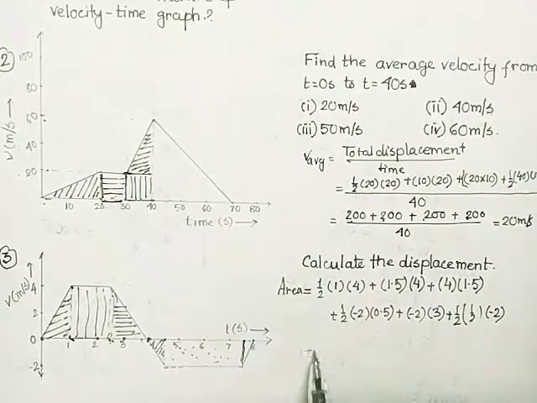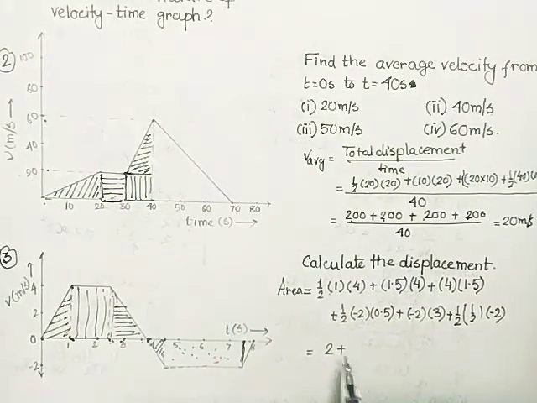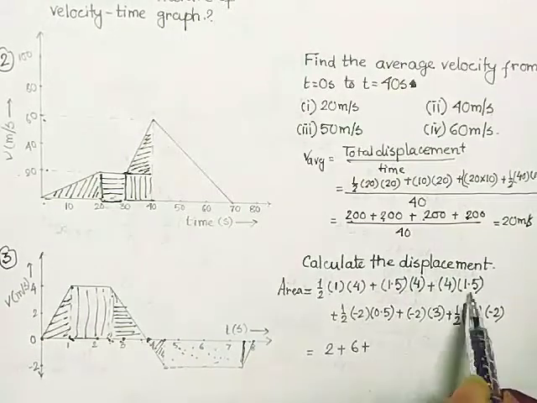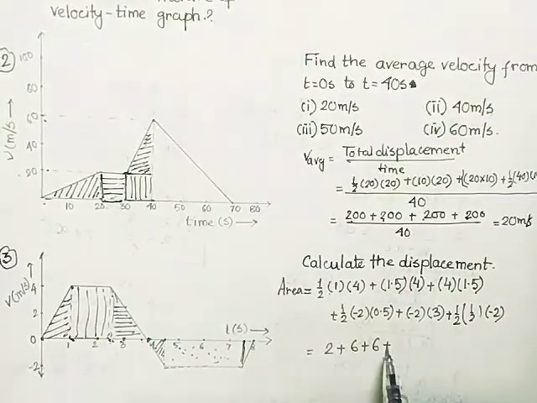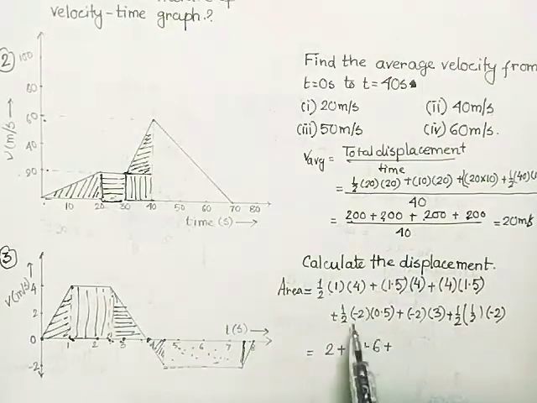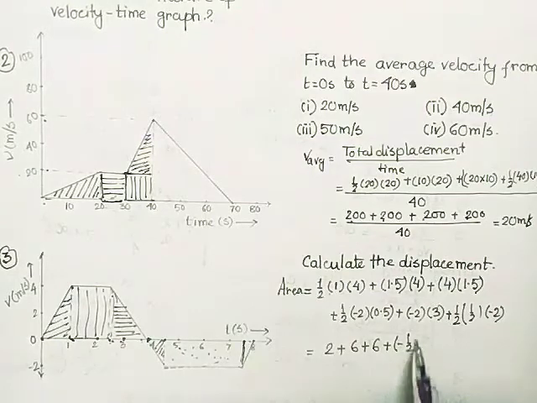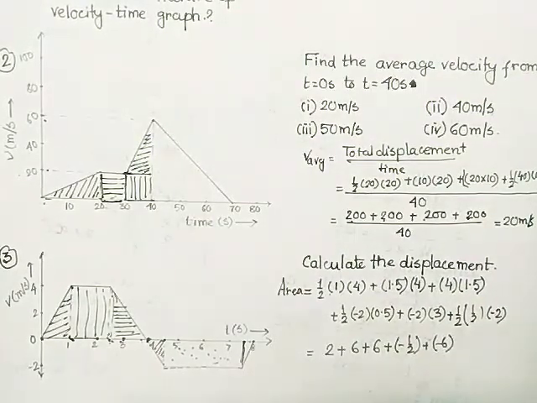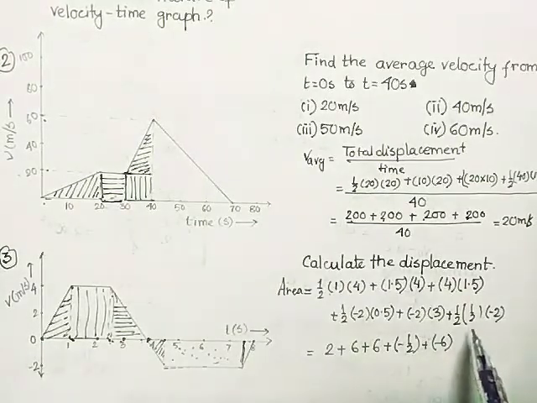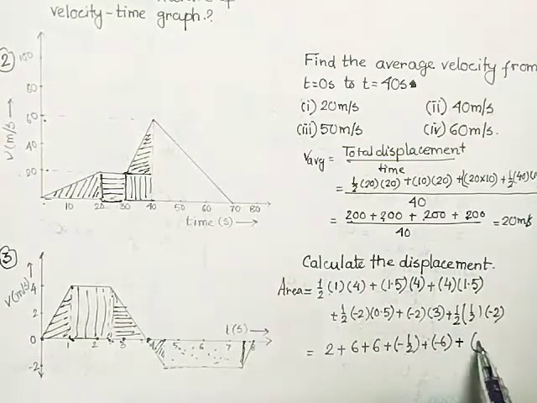If I calculate this, 1.5 into 4 is 6, and the 2 and 2 cancel out, so it becomes minus half, minus 6, and then minus half again.